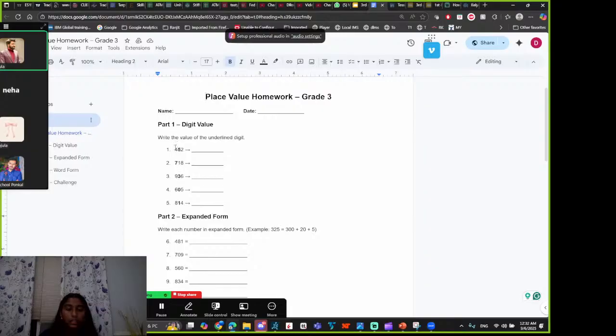The first part, there's a bolded digit in this number, and you have to write the place value of it. For example, this 5 is bolded in the number, right? So you would have to write 5 tens as the place value. And you just do the same thing for these 4.